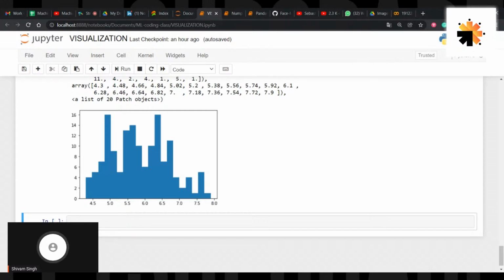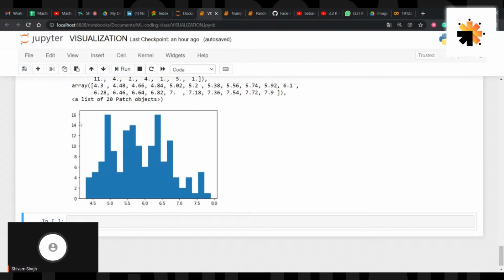But when you have a proper graph, suppose you conduct a survey with a large population, a large number of people, then definitely you get a graph where most of the people's weight varies between 60 and 80, and you get a bell shaped curve, a normal distribution graph. This is what we actually want every time in our data set.